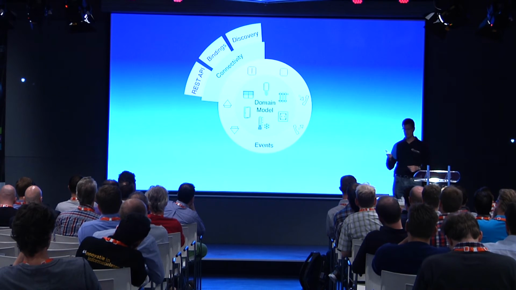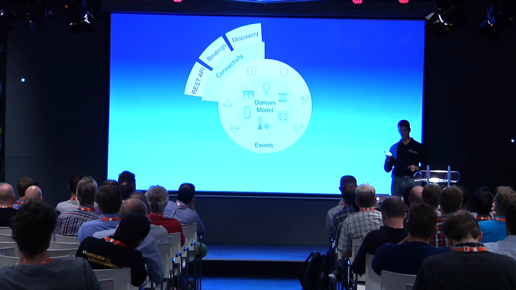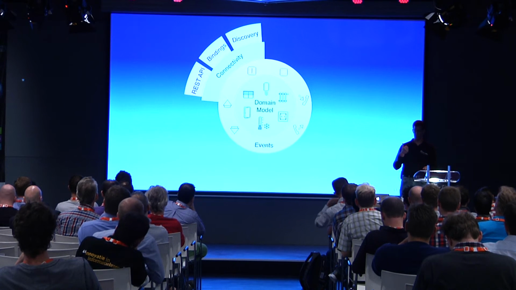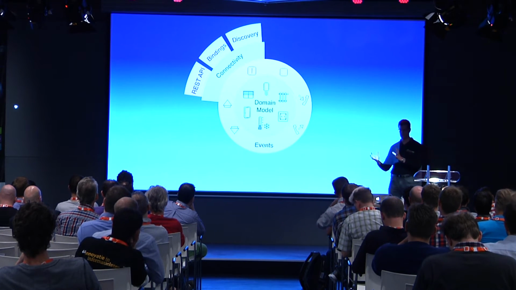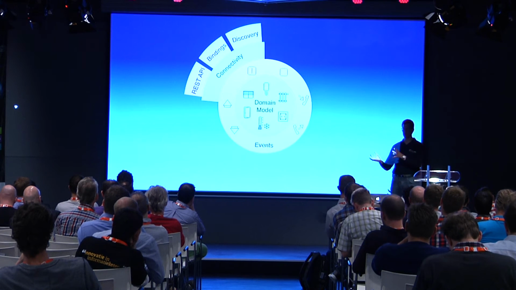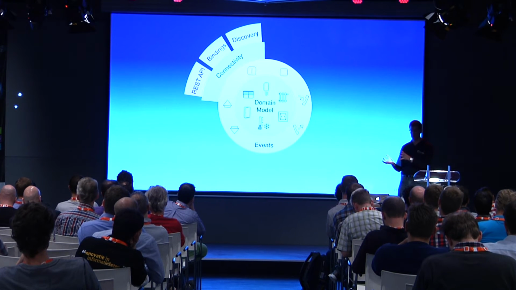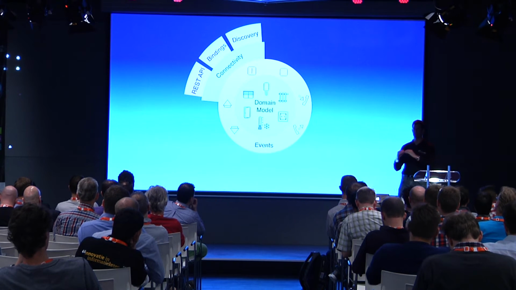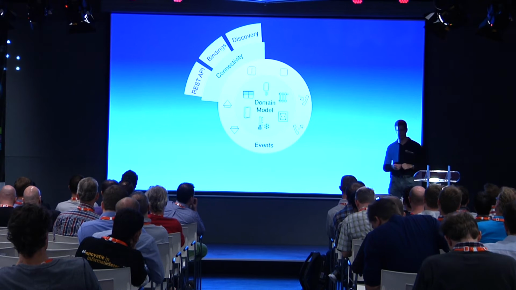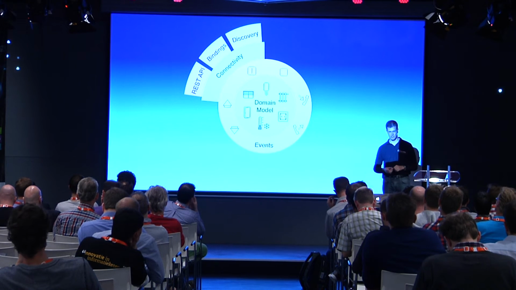First is all about connectivity. The main idea is that this domain model and event is an abstracted layer, and you have specific connectors to all the different kinds of systems, devices, hardware, and so on.